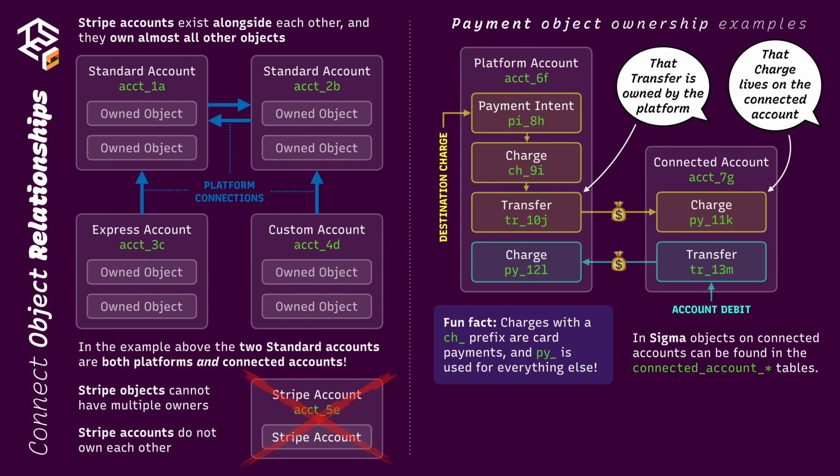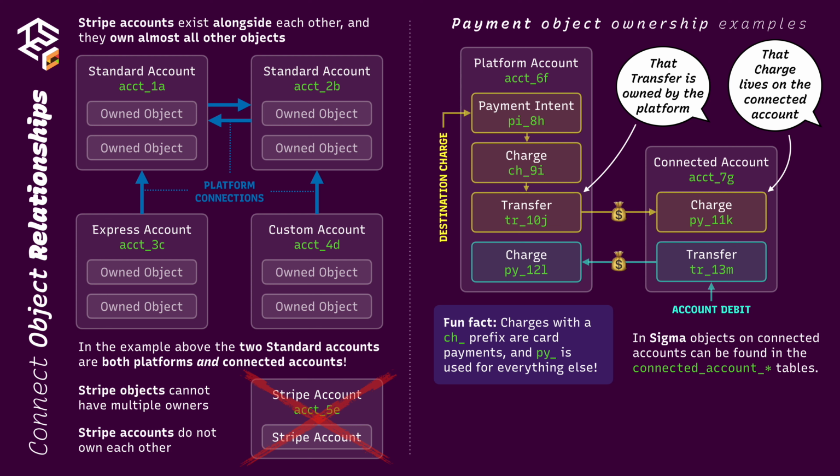If you wanted to query these objects in Sigma, you'll find objects on accounts connected to yours inside the connected account tables, with objects your platform owns in the other tables. In this example, the PY_12L charge created by the account debit would be in the charges table, but the PY_11K charge would be in the connected account charges table because it lives on the connected account.